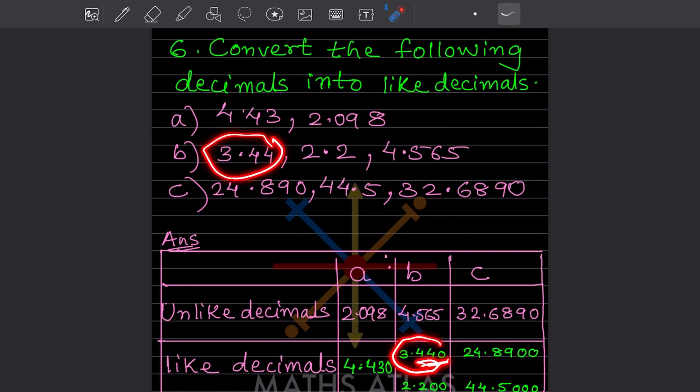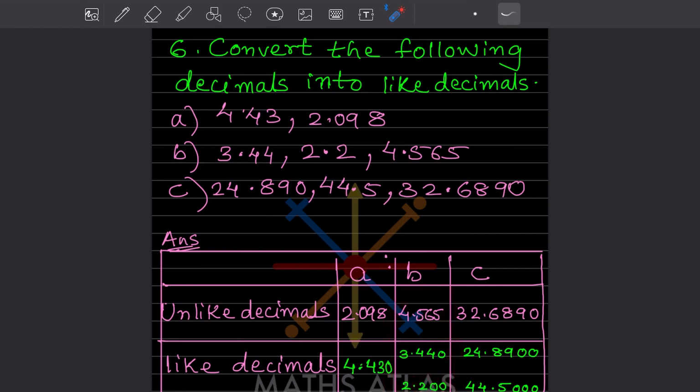So 3.440. And again this also I want to make, after the decimal, three numbers. So 2.200 with extra zeros. So now can you compare this three? So we got after the decimal three numbers. Hope you got this one.